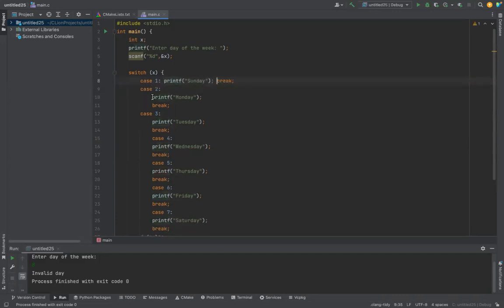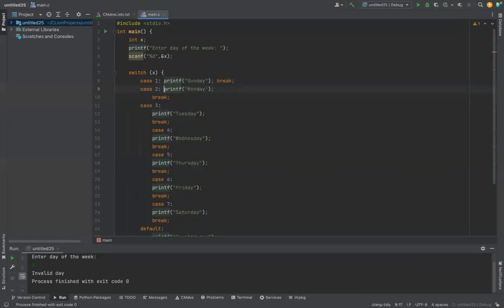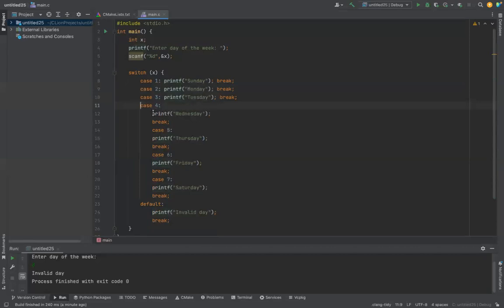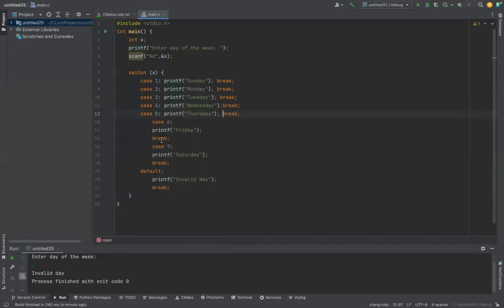Likewise for case 2, case 3, case 4, case 5, then break.